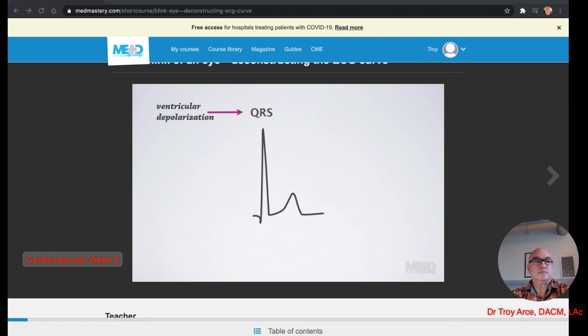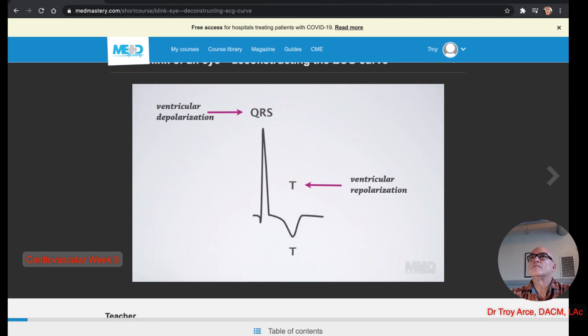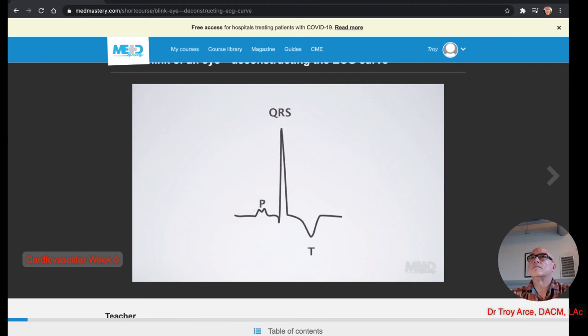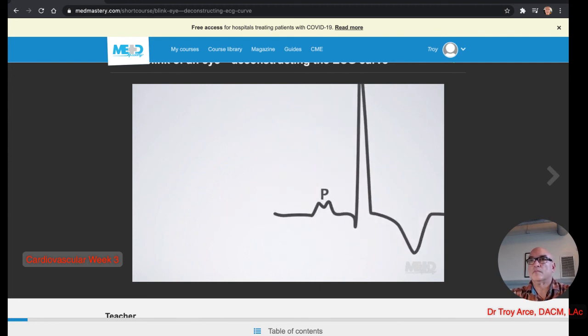After each ventricular depolarization, there must also be a period of repolarization, and that repolarization is called the T wave. The T wave can be positive or negative. Depolarization of the atria, on the other hand, is characterized by a relatively steep wave, called the P wave.